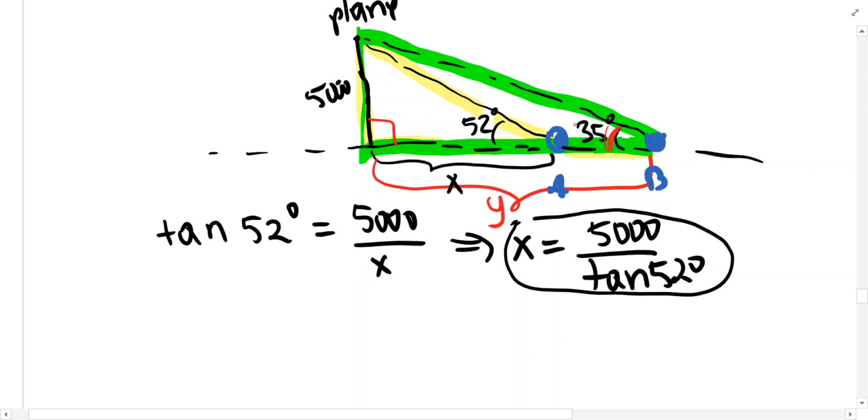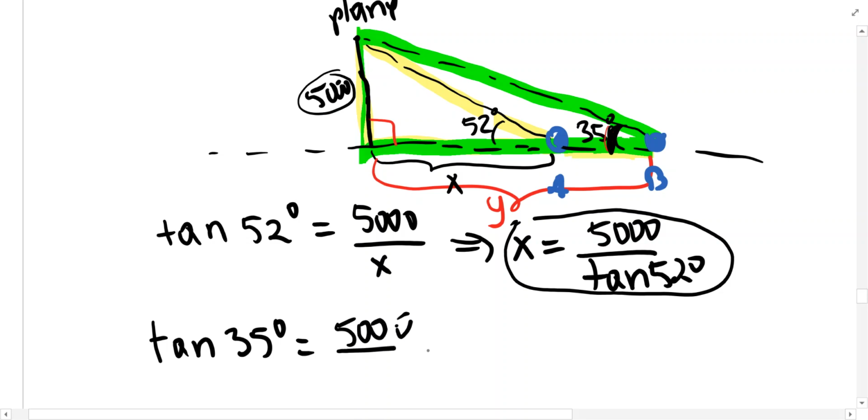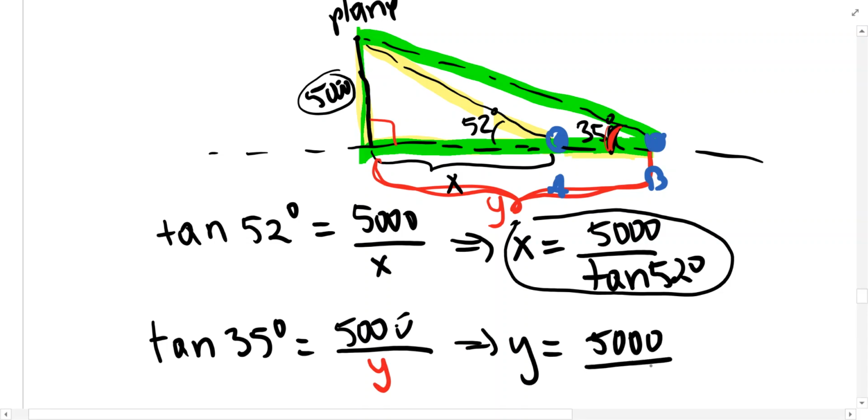So if I apply tangent of 35 degrees, tangent of 35 degrees is the opposite to 35. So the opposite to 35 is 5,000, and then the adjacent is this whole red one. The adjacent is y. So basically now y equals 5,000 over tangent of 35 degrees.